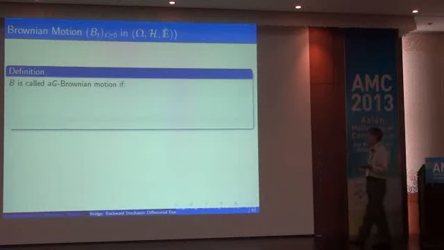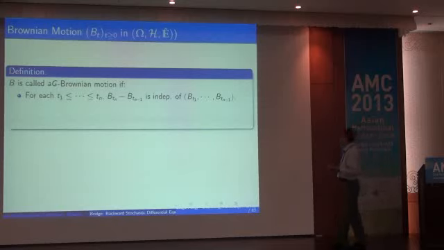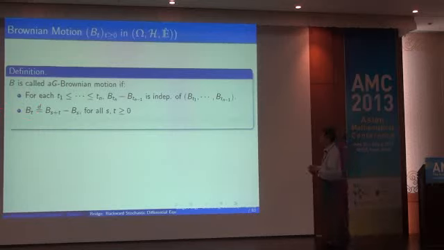A stochastic process like a typical Brownian motion is also defined very classically, but on this space. So we have B is called G-Brownian motion if the increment is independent from the things that come before, and also the increment has the same distribution as before.